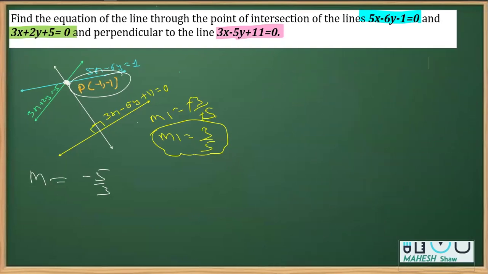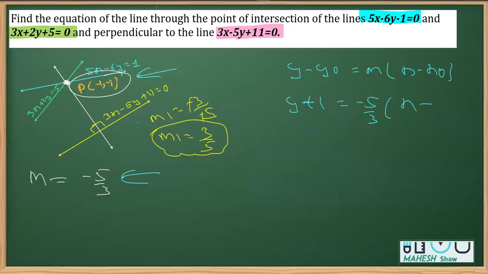So we can find the equation of the line, and for obtaining it, I'm going to use the formula y minus y naught is equal to m times x minus x naught. Why this? Because we know one point here and a slope. So y minus y naught is y minus minus 1, so plus 1, is equal to m, which is minus 5 over 3, multiplied by x minus x naught, and x naught is also minus 1, so it becomes plus 1.